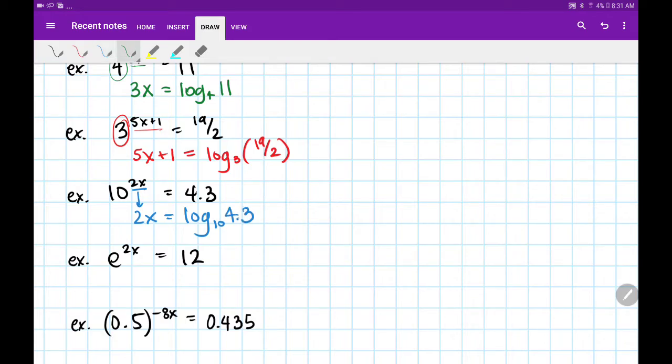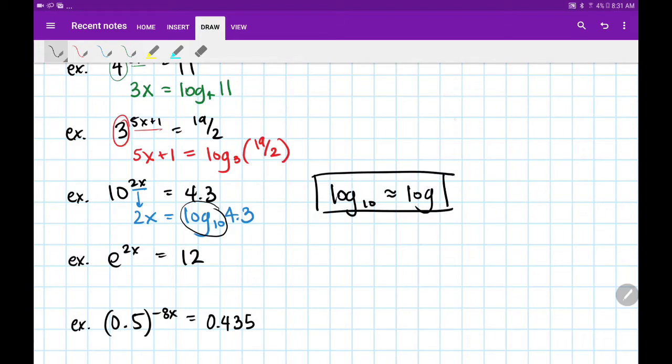Nice. Now I'm teaching you something new. See, when we have this log base 10, in your notes, you should make a note that log base 10, we usually just write it as log. It's kind of like how if you have an invisible exponent, the invisible exponent is really 1.